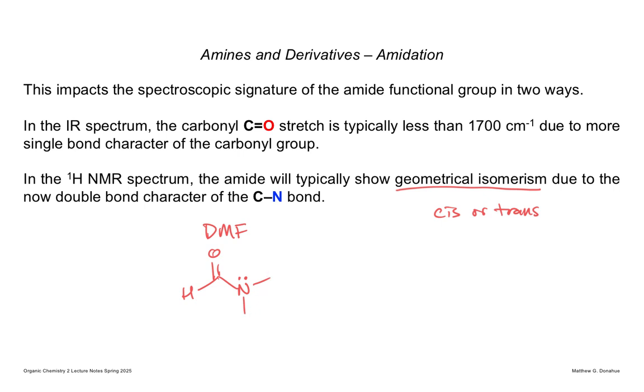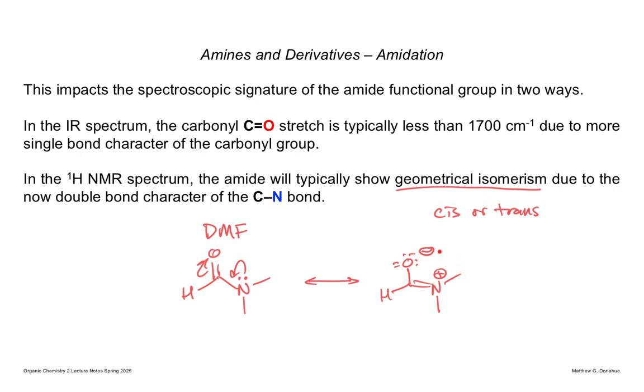Now the resonance form of this: the methyl groups are still bonded to the nitrogen, but now they're magnetically inequivalent. If you're thinking of that as a sigma bond that can freely rotate, these methyl groups should be the same. But now you have this double bond.